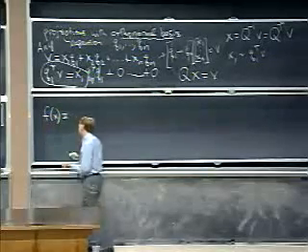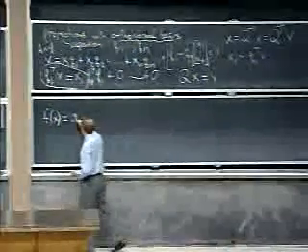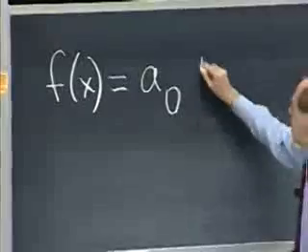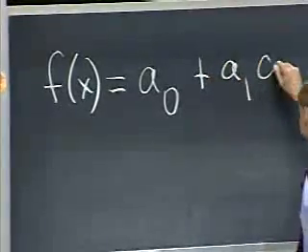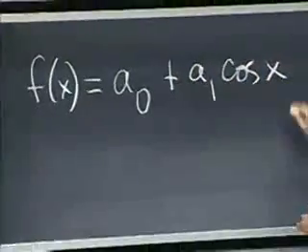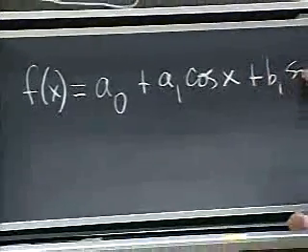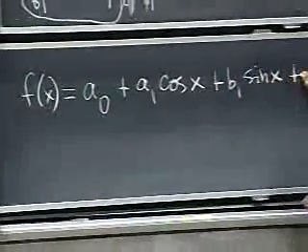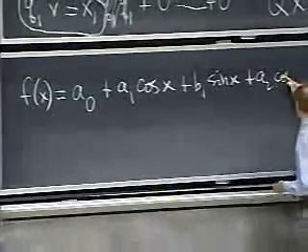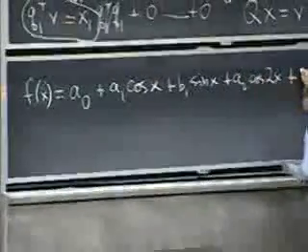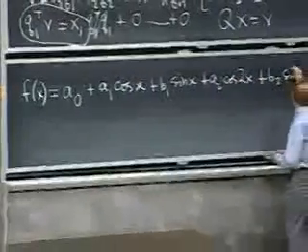And we want to write it as a combination of, maybe it has a constant term. And then it has some cosine x in it. And it has some sine x in it. And it has some cosine 2x in it. And some sine 2x, and forever.